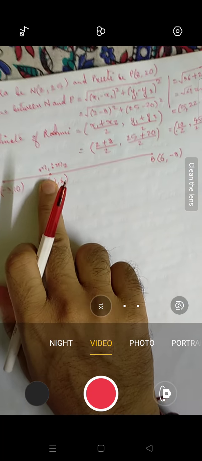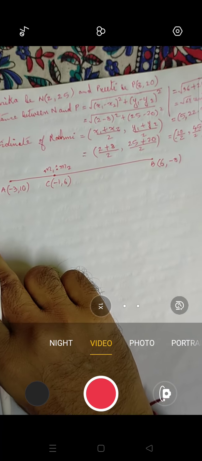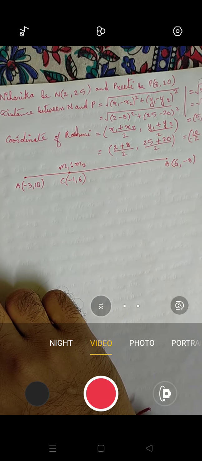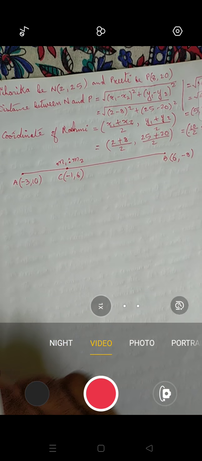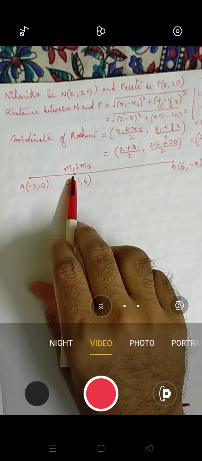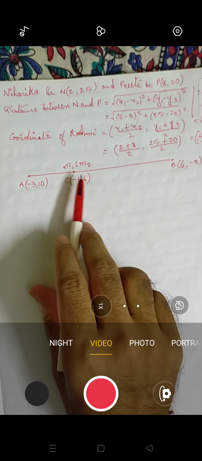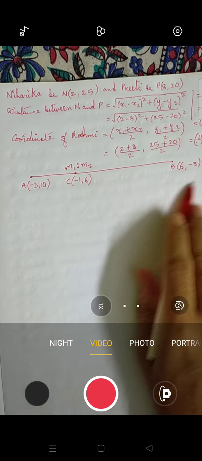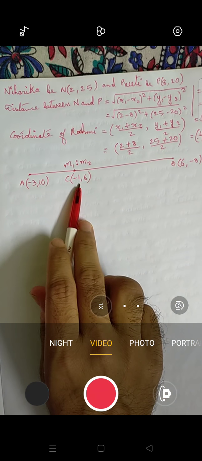Now you can see that this is a ratio, and I have already told you that whenever you have a ratio, you can find that coordinate. That means if we apply the section formula to this, we will get this coordinate.